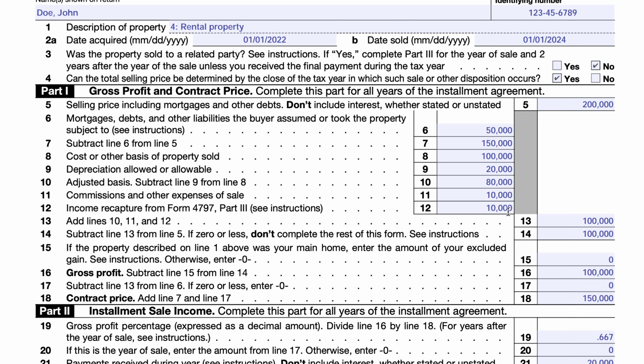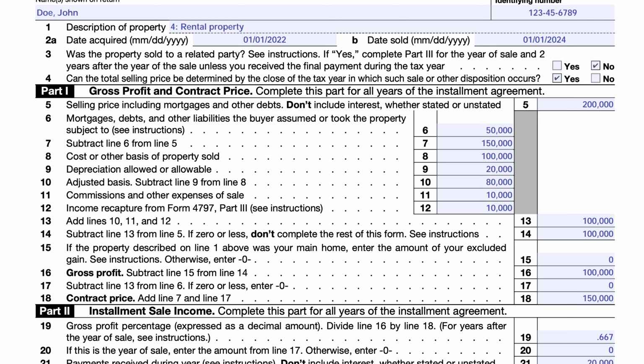Now, in line 11, we're going to include commissions and any other expenses. These could be advertising expenses, attorney fees, legal fees, typical closing costs. And then line 12 would be any ordinary income that was recaptured under section 1245 or section 1250.